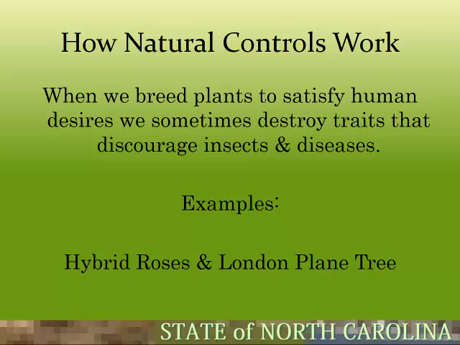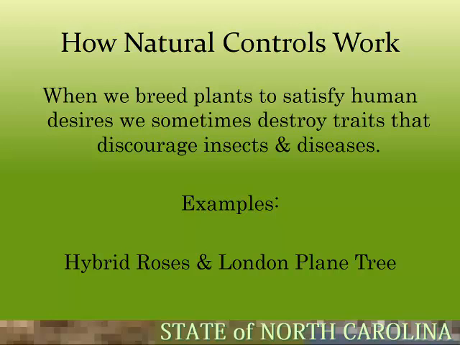And so when we breed plants to satisfy human desires, we sometimes destroy traits that discourage insects and disease, one being hybrid roses. The traditional old roses are more disease resistant than the modern roses.